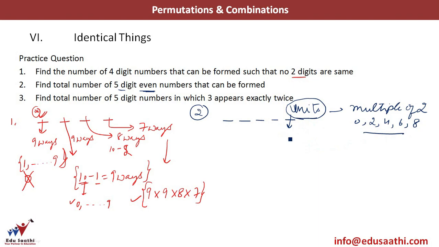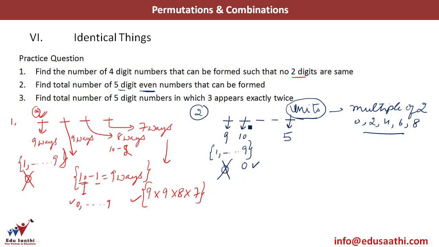So in this units place, in how many ways can I fill this units place? 5. I can have 0, 2, 4, 6 and 8. Let's move to the 10,000s place now. This can be filled up in how many ways? 9 ways, because any digit from 1 till 9. Again remember, 0 cannot be here, because if 0 comes here, it's a 4-digit number. But in the thousands place, this can be filled by 10 ways, because here 0 can also figure out.